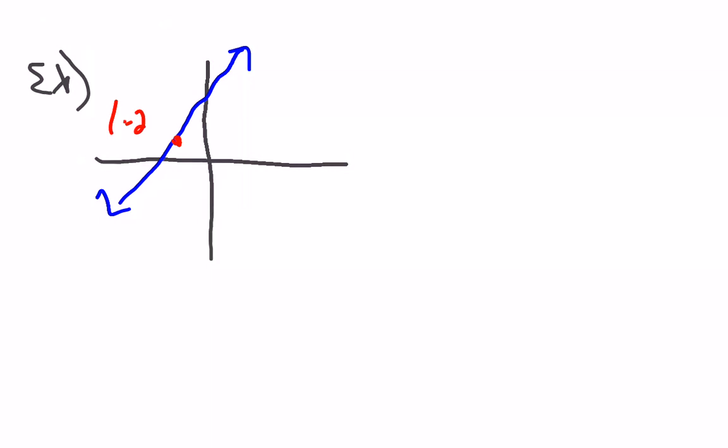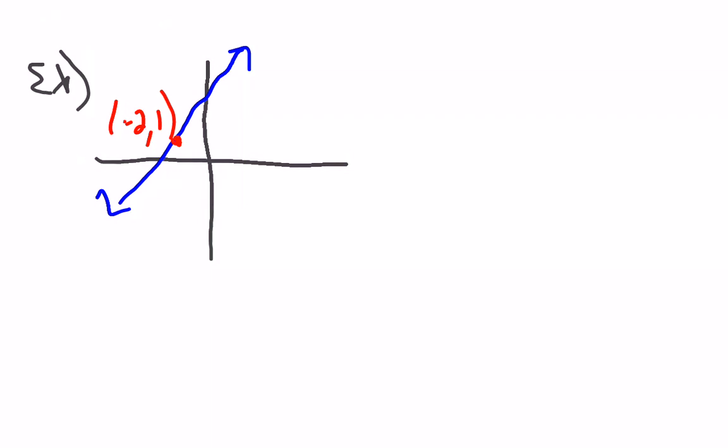So another graph here, and another line that we want to look at. They give us one point here, (-2, 1).